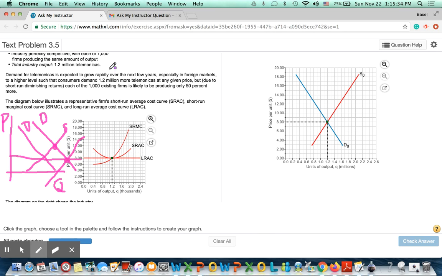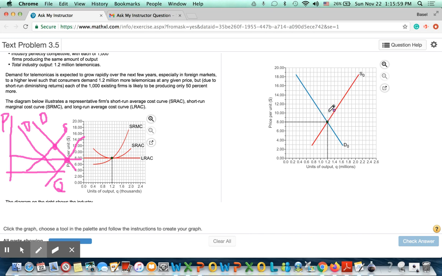Remember, the question says that these firms are identical, they have the same cost structure, and the cost, labor cost plus capital cost, is $8. So in principle, this is the shift.